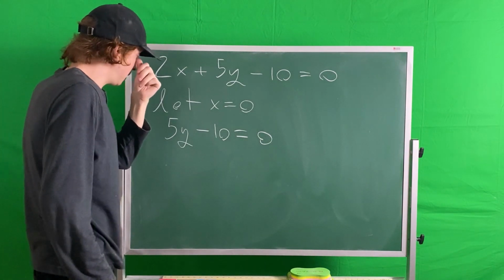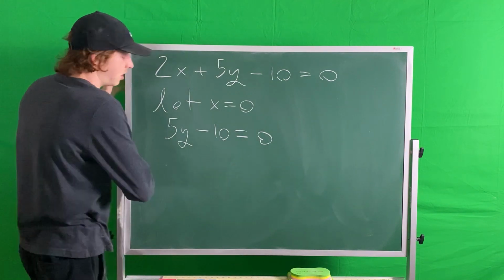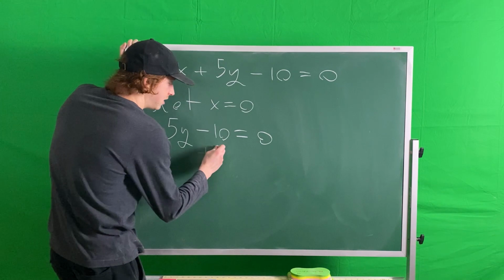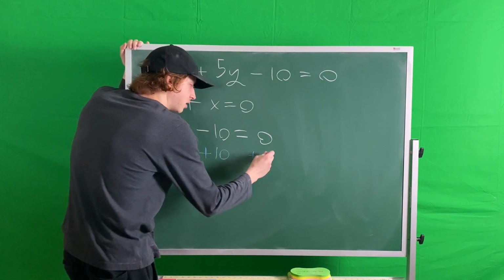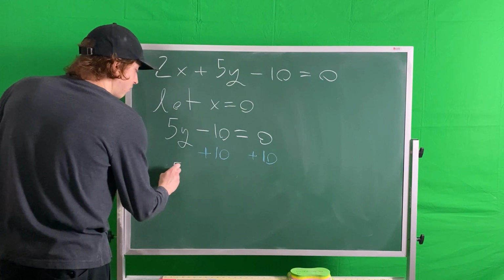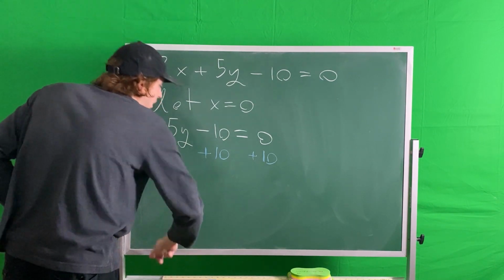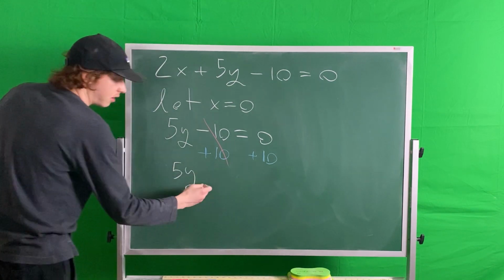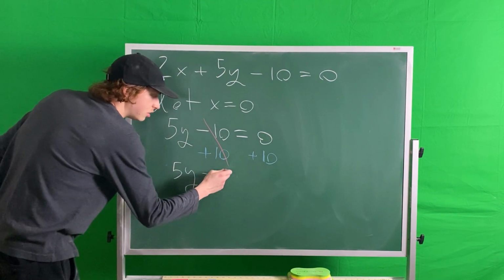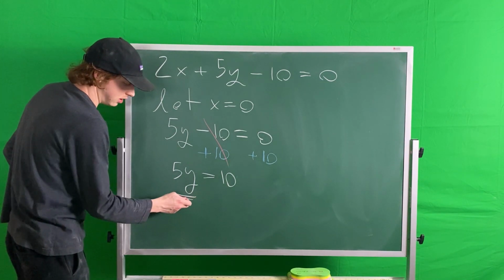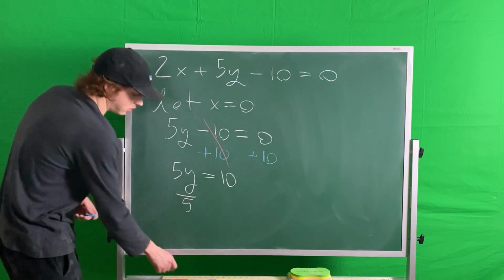All right. So now we're going to just add 10 to both sides. And then, well, these cancel out, and we're left with 5y is equal to 10, right? And look how beautiful that is. Look how nice and smooth that goes through.